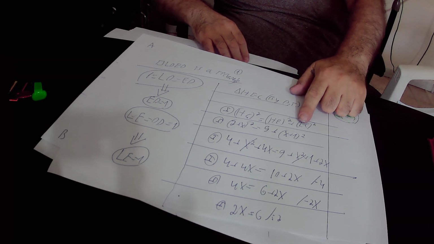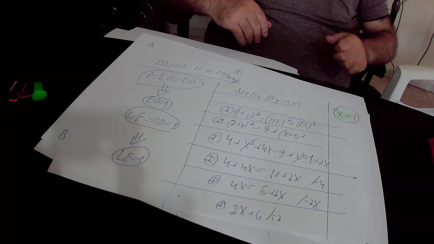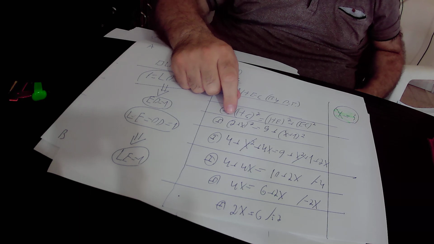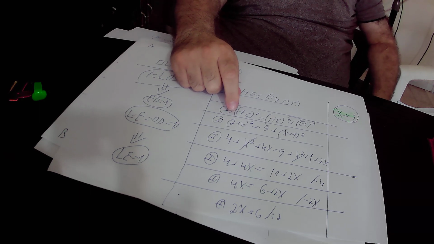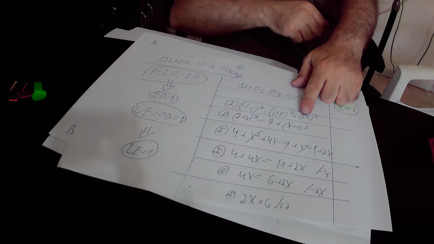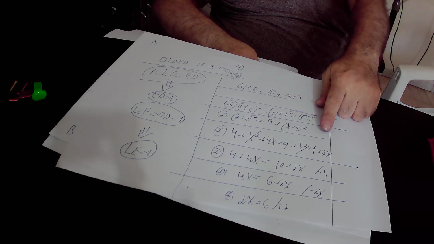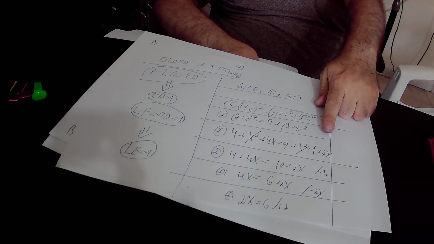Here we open the brackets on both sides of equation number 1, and we found that (2 plus X) square equals 2 square, that is 4, plus X square, plus 2 times 2X, that is 4X, which is equal to 9 plus (X plus 1) square. (X plus 1) squared equals X squared plus 1 plus 2X.